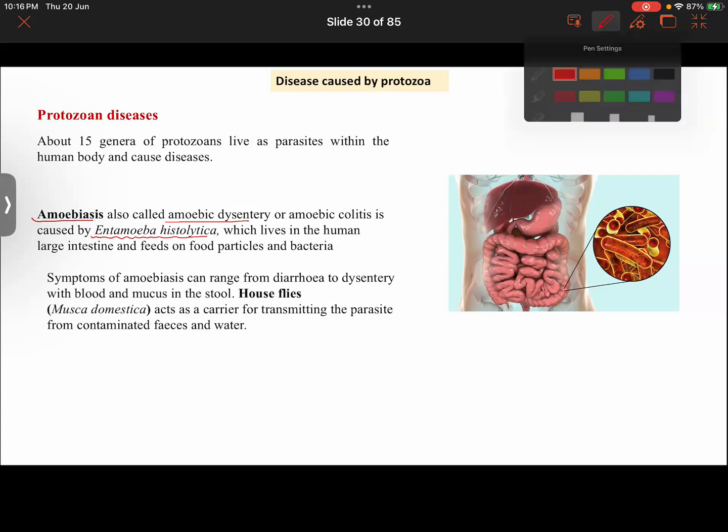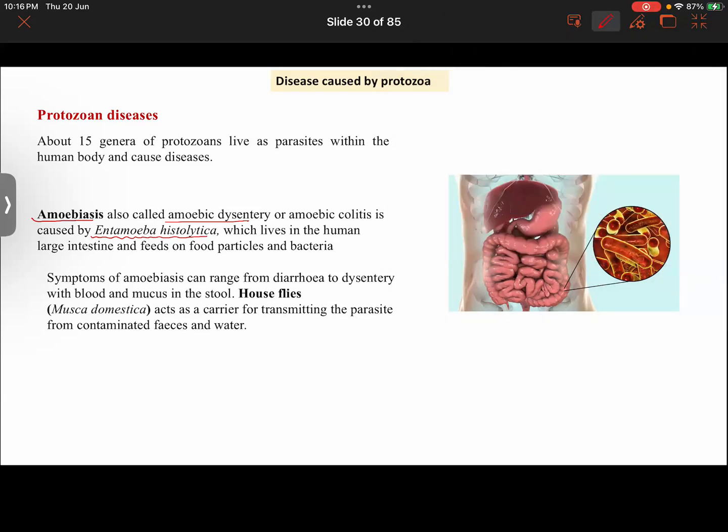So basically, the cause of amoebiasis is consuming contaminated food or water. Thereby the person develops symptoms like diarrhea and dysentery. There could be blood and mucus in the fecal matter, in the stool.